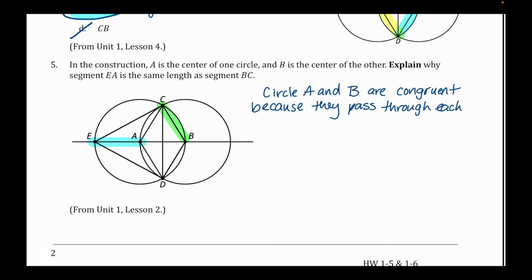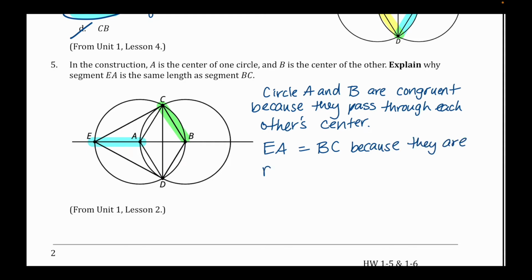And we can say EA equals BC because they are radii of congruent circles.